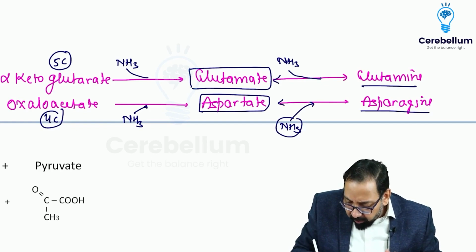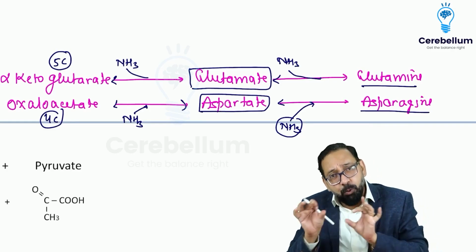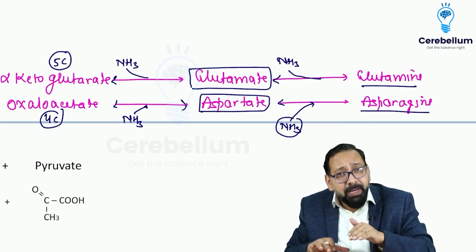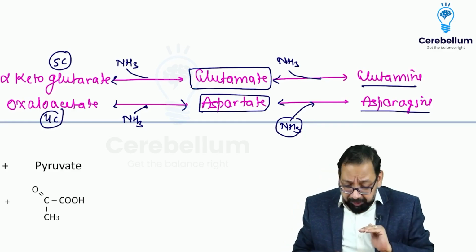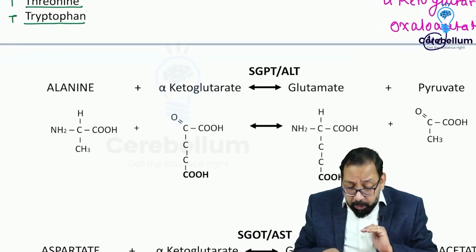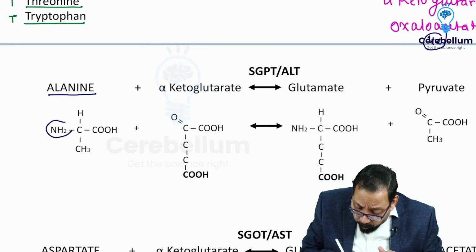These are reversible reactions, transamination reactions, where transfer of amino group occurs. So I explain, this is a mnemonic type of thing. Now I explain the transamination reaction, transfer of amino group. First is alanine. Alanine has this amino group.